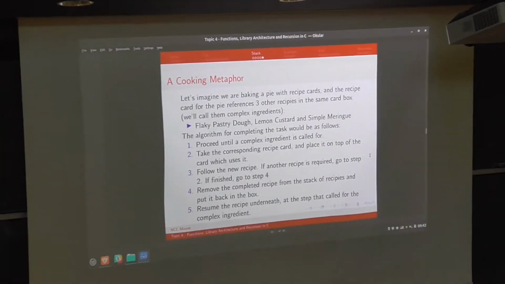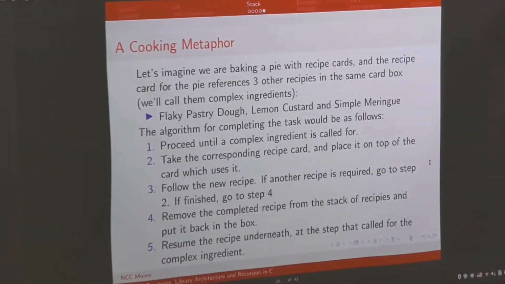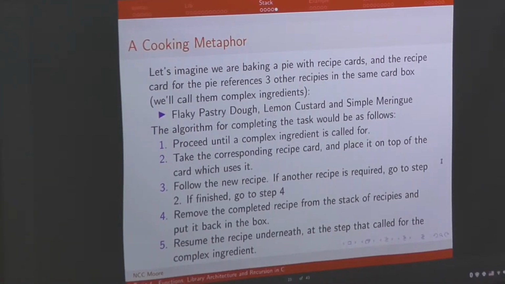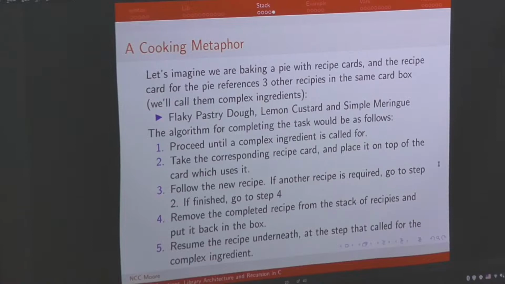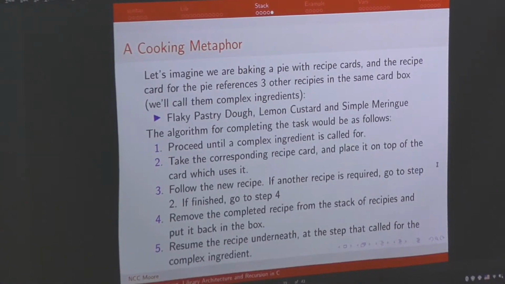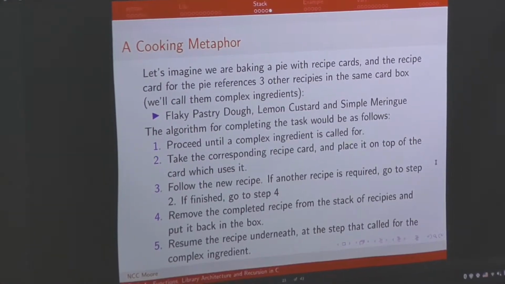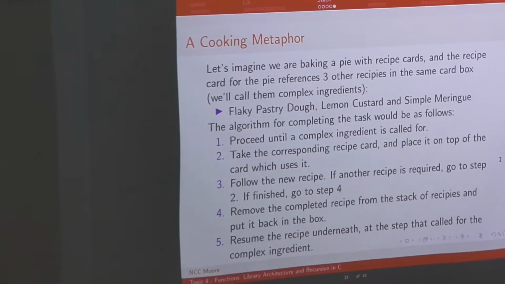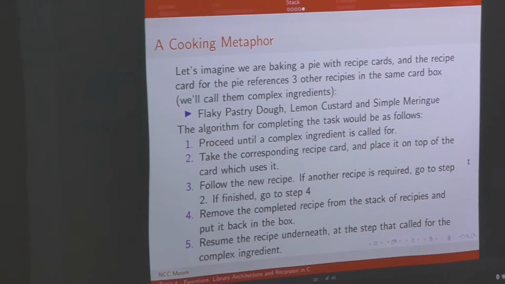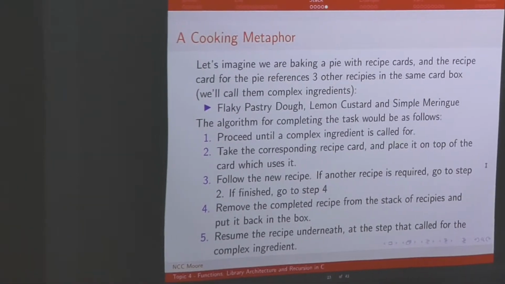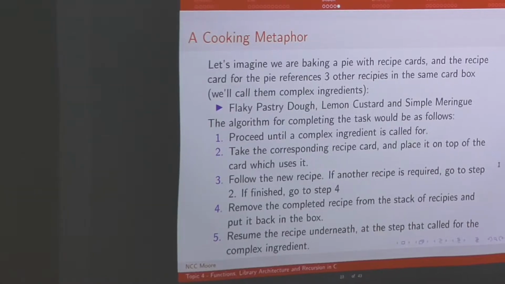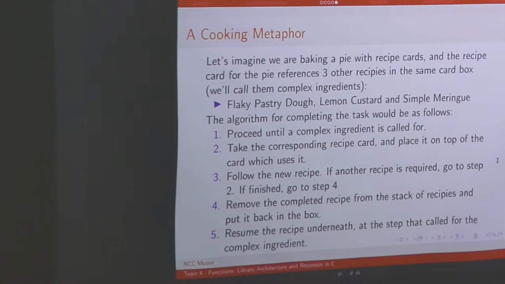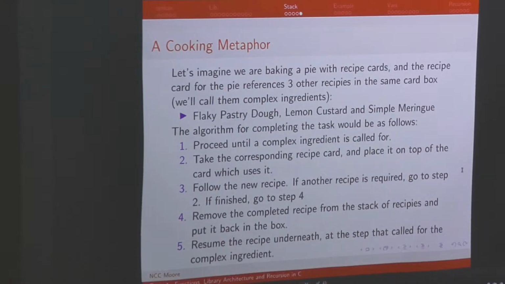Now, you guys want a cooking metaphor? Is that useful? Okay. So, let's imagine that we are trying to bake a pie with recipe cards. And the recipe card for the pie references 3 other recipe cards in the same box. We will call them complex ingredients. So, to make our pie, we require flaky pastry dough, lemon custard, and simple meringue.